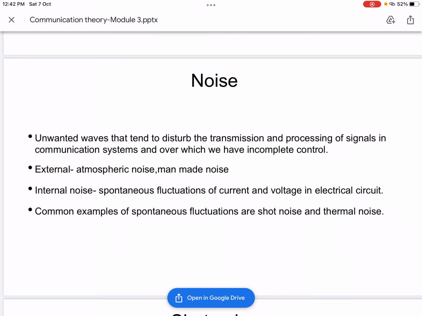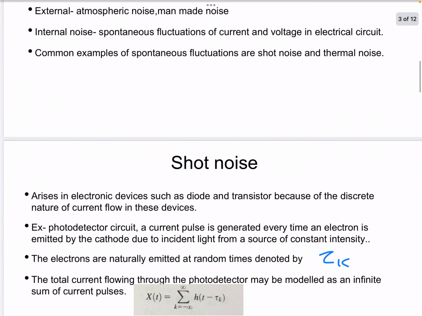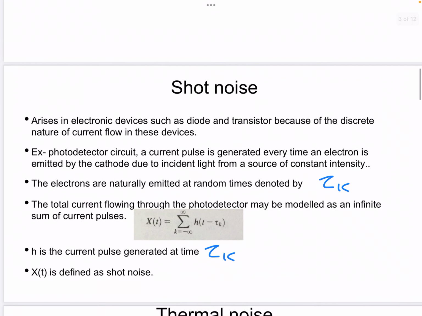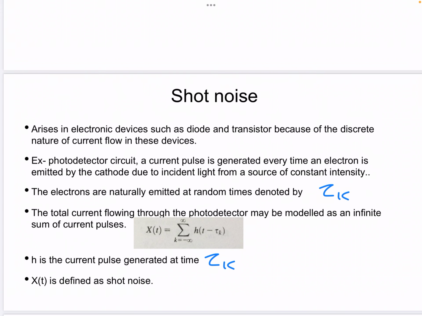The two most common examples of spontaneous fluctuations in electrical circuits are the shot noise and the thermal noise. First we'll take up the shot noise.